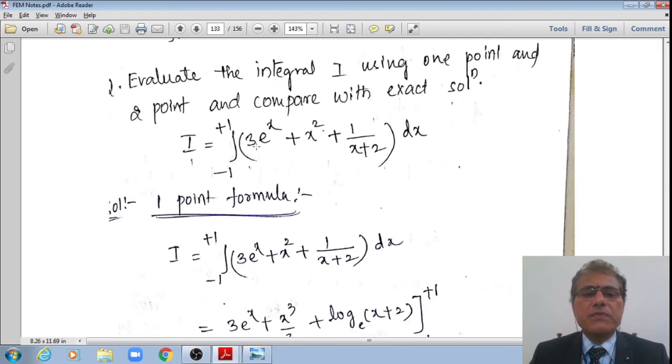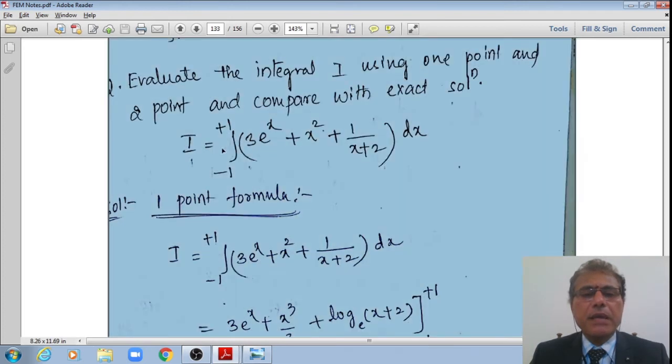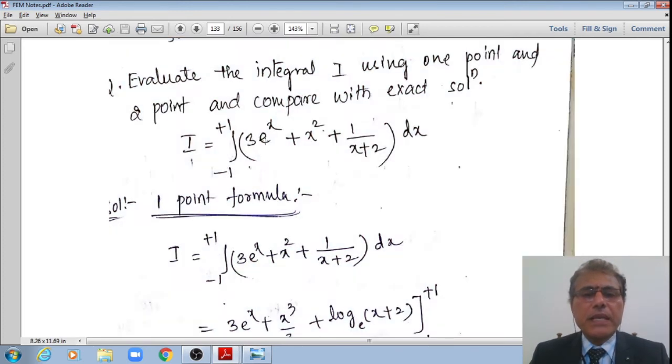I is equal to the integral from minus 1 to plus 1 of 3 e to the power x plus x square plus 1 by x plus 2, dx. Or the integral may be from minus 1 to plus 1 of 3 e to the power xi plus xi square plus 1 by xi plus 2, dxi.